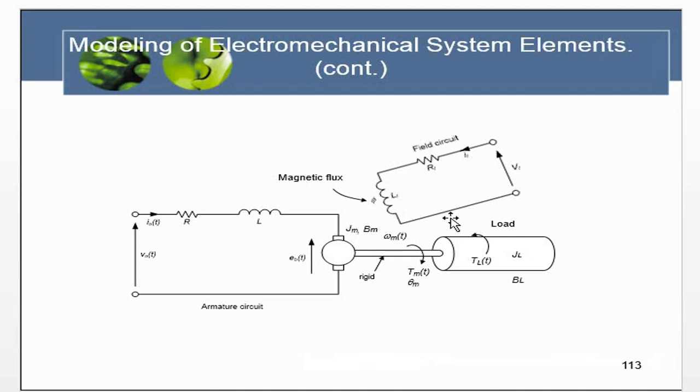There is the field circuit, and there is the electrical component of DC motor, what we call the armature circuit, and there is the mechanical part. This is its mechanical part, and there is its load. This is the equivalent circuit of DC motor.